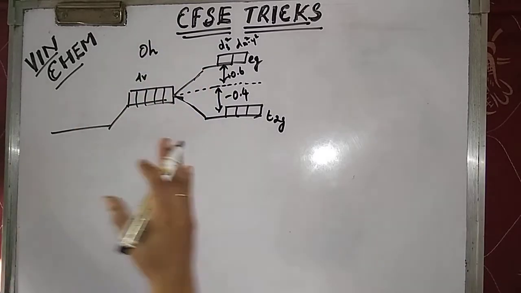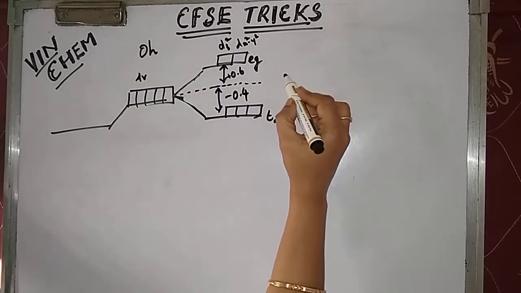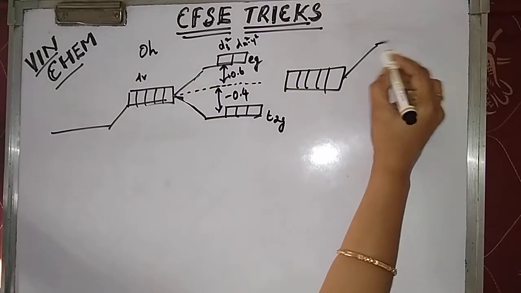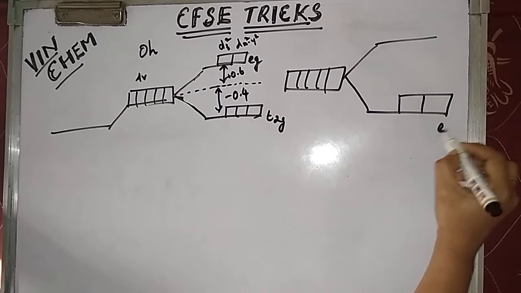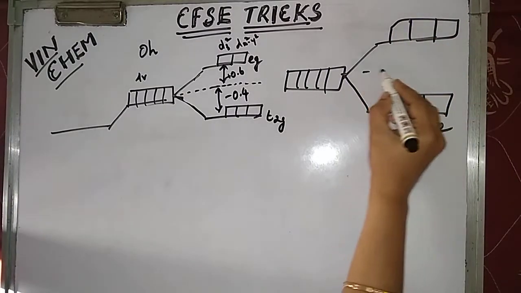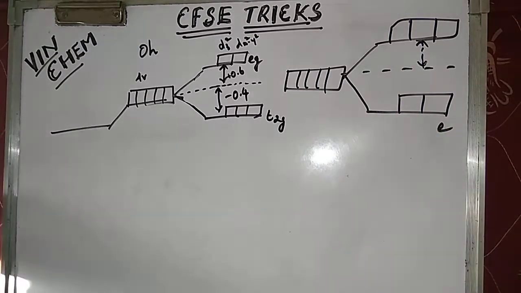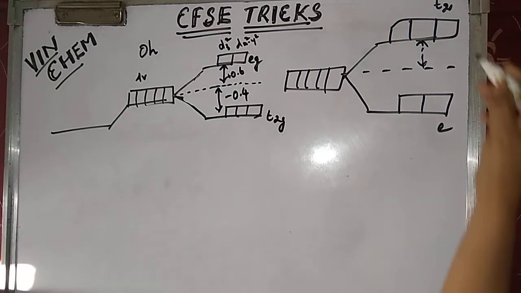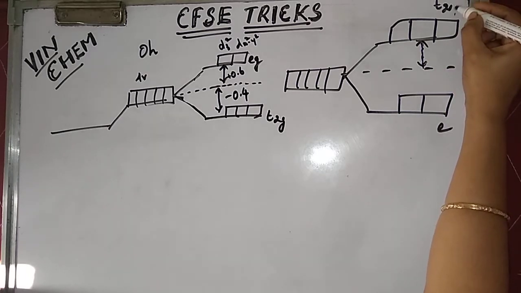This case is completely reversed in the tetrahedral field. I'll take just this alone. Here E and here T2, it will reverse the energy barrier. There are no degenerate orbitals here, there is no g, there is no center of symmetry.